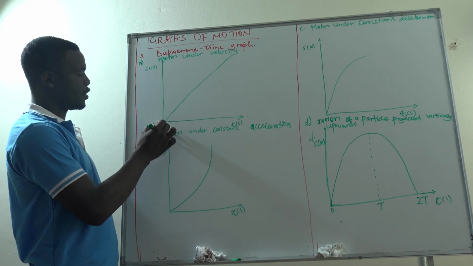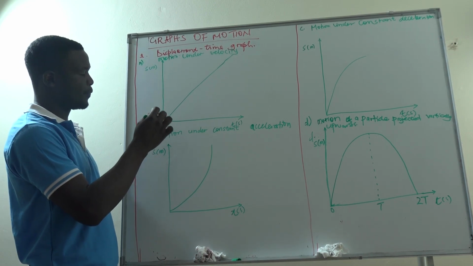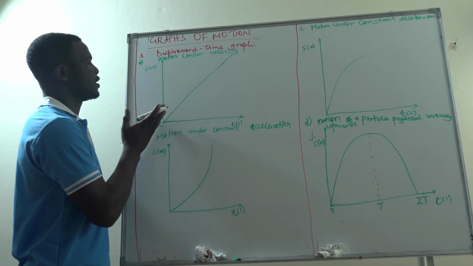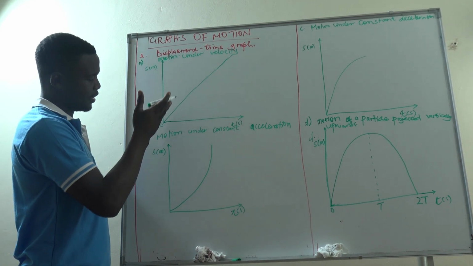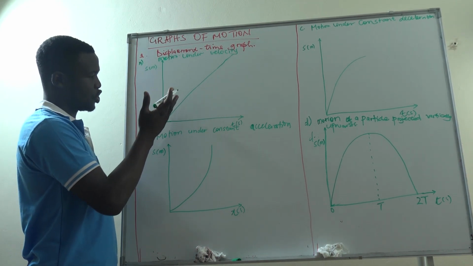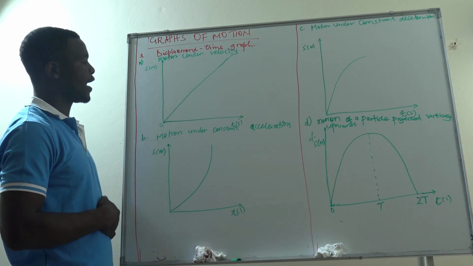When a body is moving with uniform velocity, the distance increases linearly, such that the graph we get is a straight line.